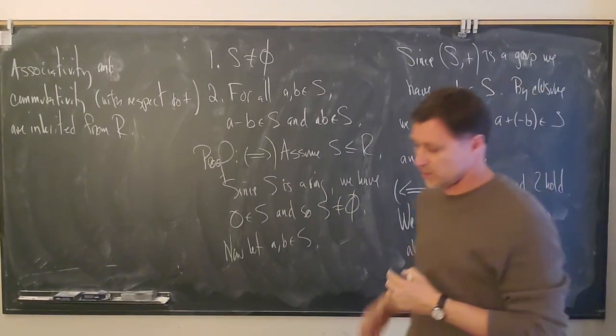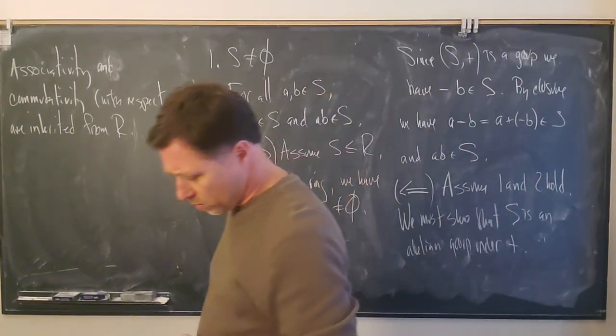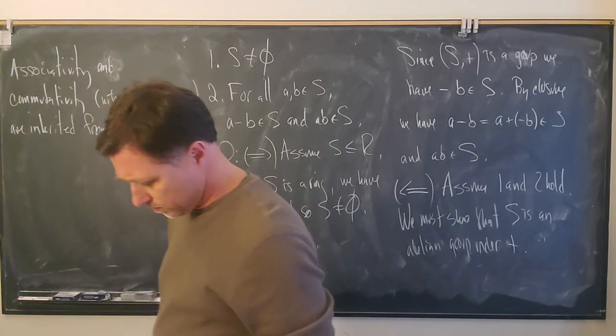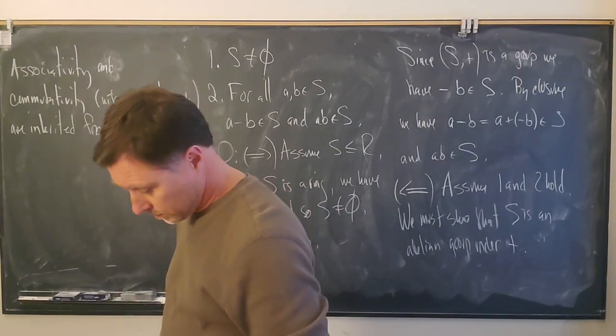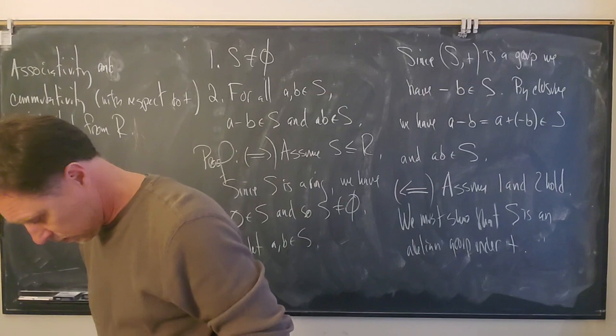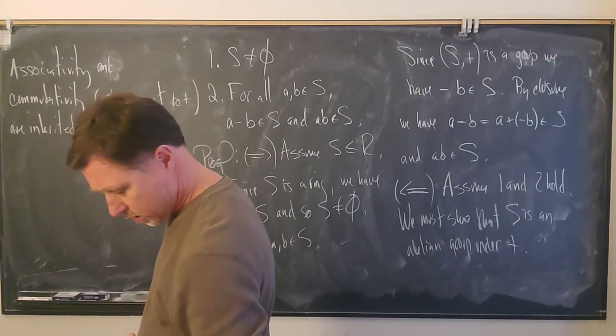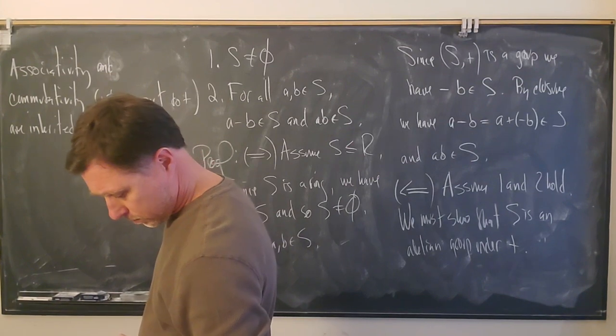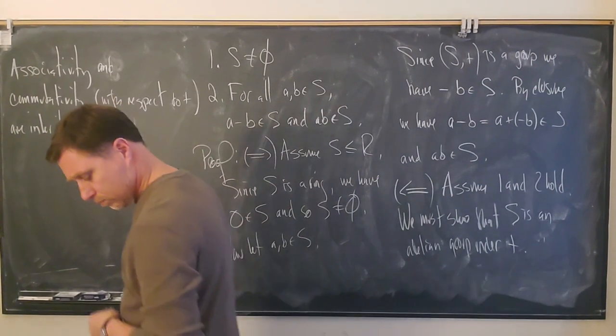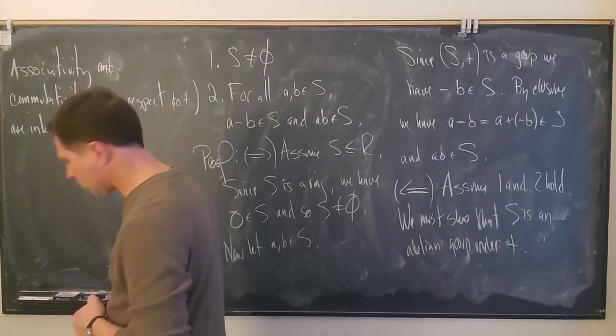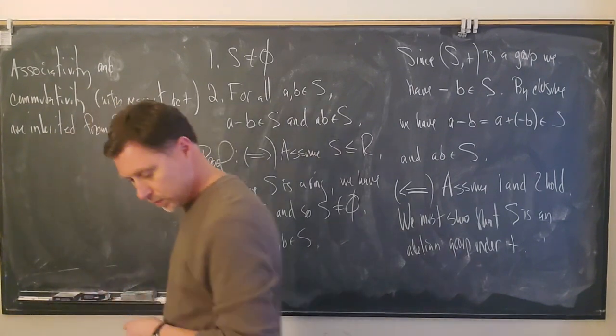It's also associative. So now, let's see, what do I need? I need closure, and I need an identity. How do I want to say this?